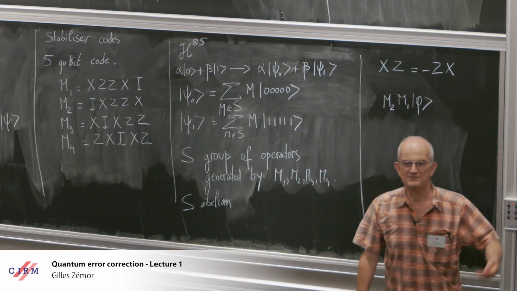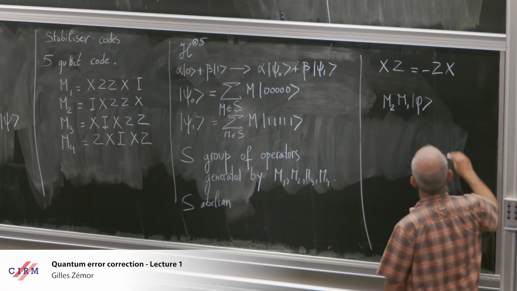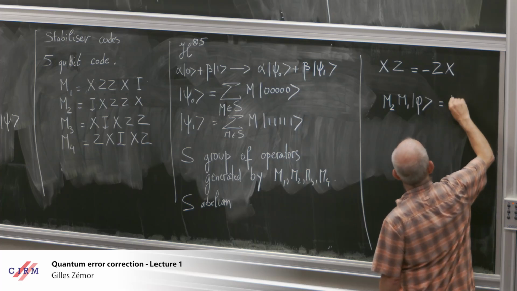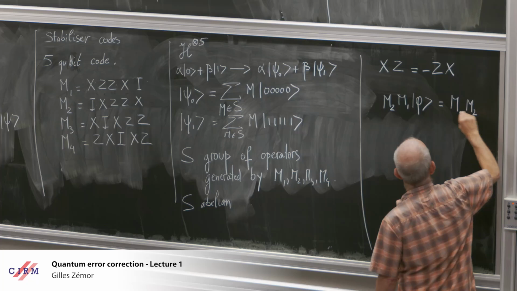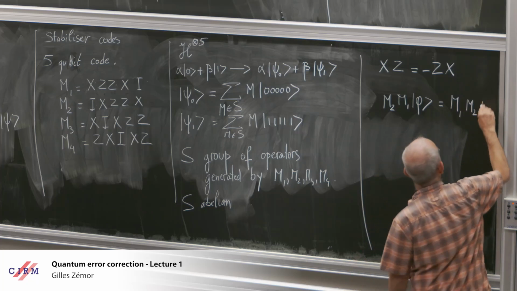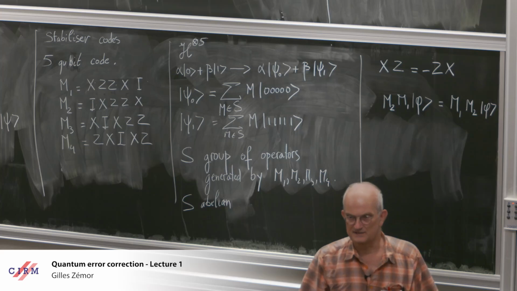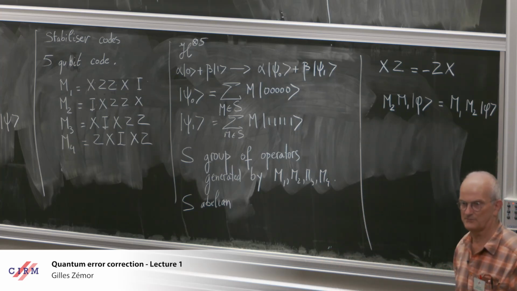And then to this new state, you apply the operator M2, you will always get the same result as applying first M2 and then M1 for any state phi. It's commutation for composition of operators.